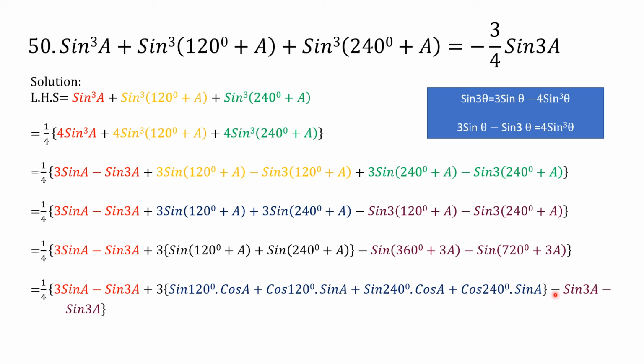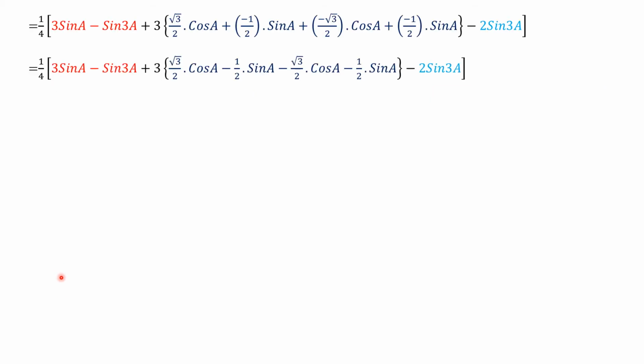As well as here is minus sin 3a and here is also minus sin 3a, which can be added up to give minus 2 sin 3a. So in the next line, you can check it is 1 over 4, the first two terms as it is. We just kept the values and at last we kept minus 2 sin 3a. And then we will open the bracket and simplify to get this line.